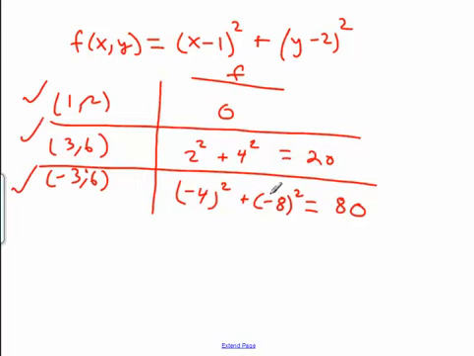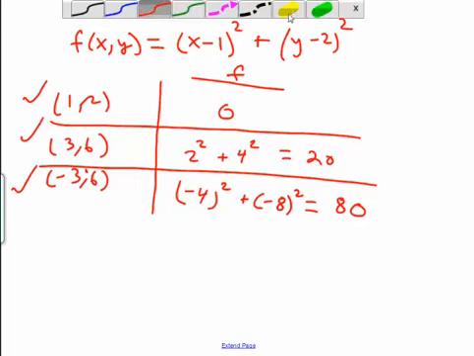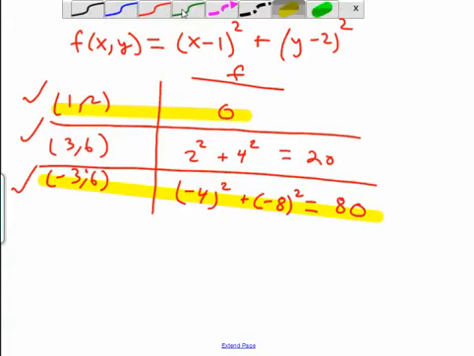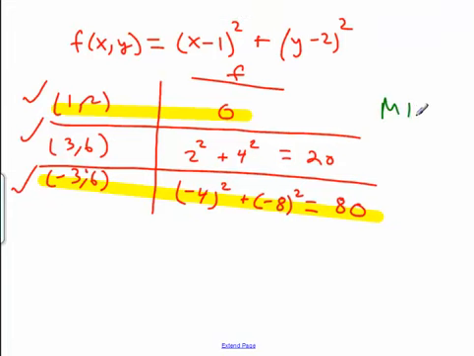And then when I plug those points into my function itself, I find that this is where I'm going to have a minimum, and this is where I'm going to have a maximum. And this point probably is a local maximum, but isn't a global, because this is the biggest value.